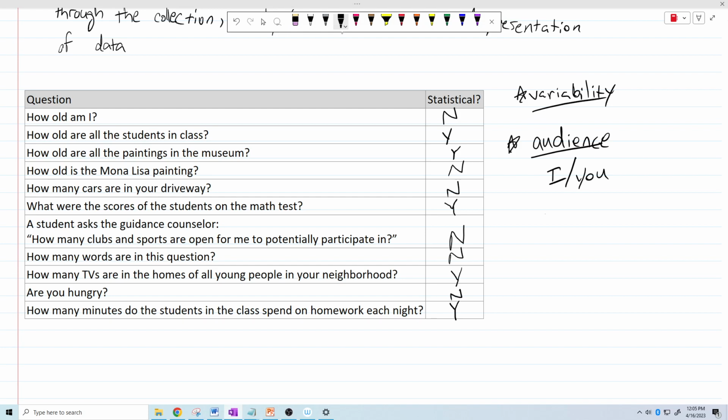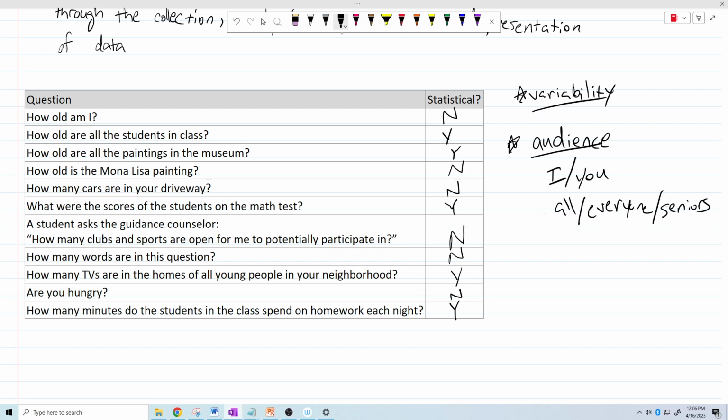But if we were saying all the students, or everyone, or even high school seniors, right? More than just the I or the you. Multiple people can answer things in different ways. So that's a little context clue to help you understand some of the patterns that emerge in these questions.